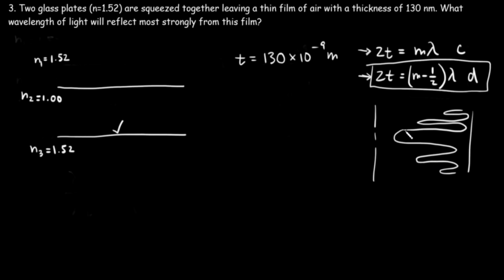So the stronger it is, the closer it is to the slits. So it's going to be this. But for some reason, using m as 0 gives us a negative number. So the second best option is going to be these two, which is m equals 1. So in this question, we're going to use m equals 1.